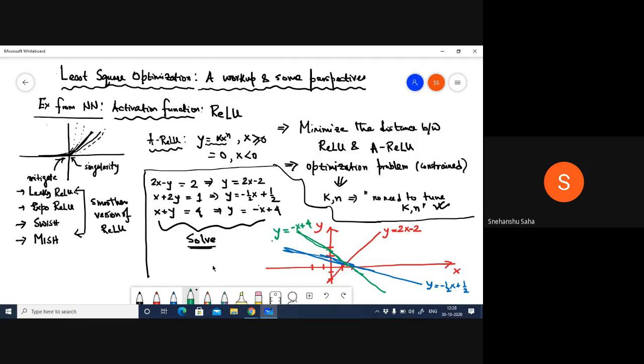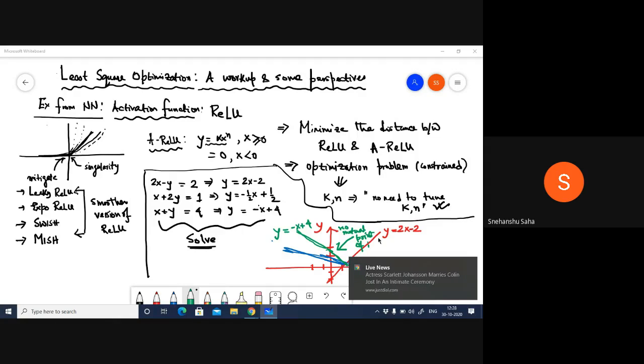Now, if you really think about it, I have messed up the figure, which I always end up doing. You will see that these three straight lines do not have a mutual point of intersection. There is no mutual point of intersection.